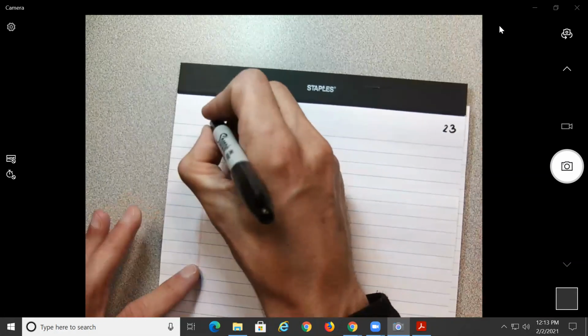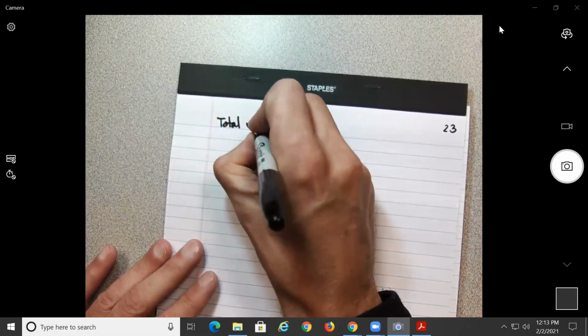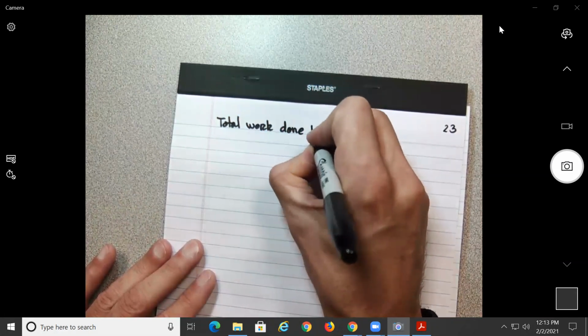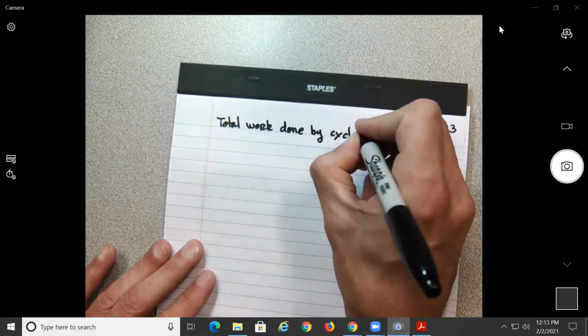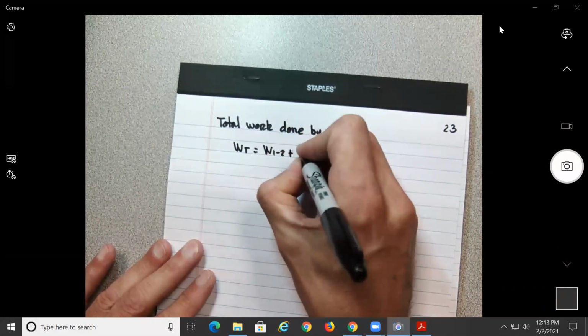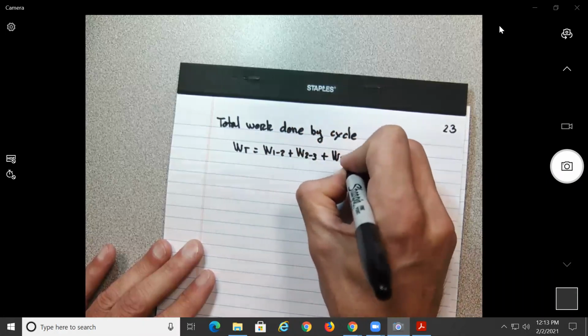So the total work done by this cycle would be what? Work 1-2 plus work 2-3 plus work 3-1.